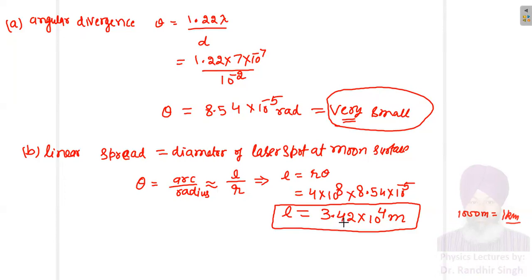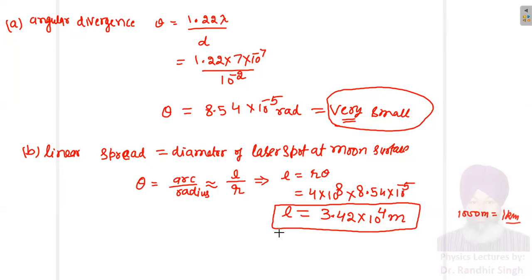So even with this small divergence, the spot size, which was 1 centimeter at the laser aperture when the light left the laser, became 34 kilometer when it reached the moon. That is a big thing, even with this small laser divergence.